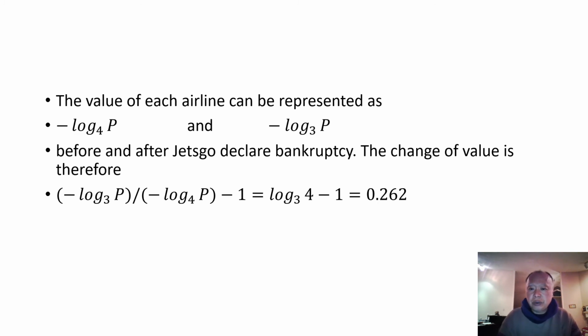The change of value is therefore negative log 3p over negative log 4p minus 1, equal to log_3 4 minus 1, equal to 0.262. This means the increase of valuation is 26%.